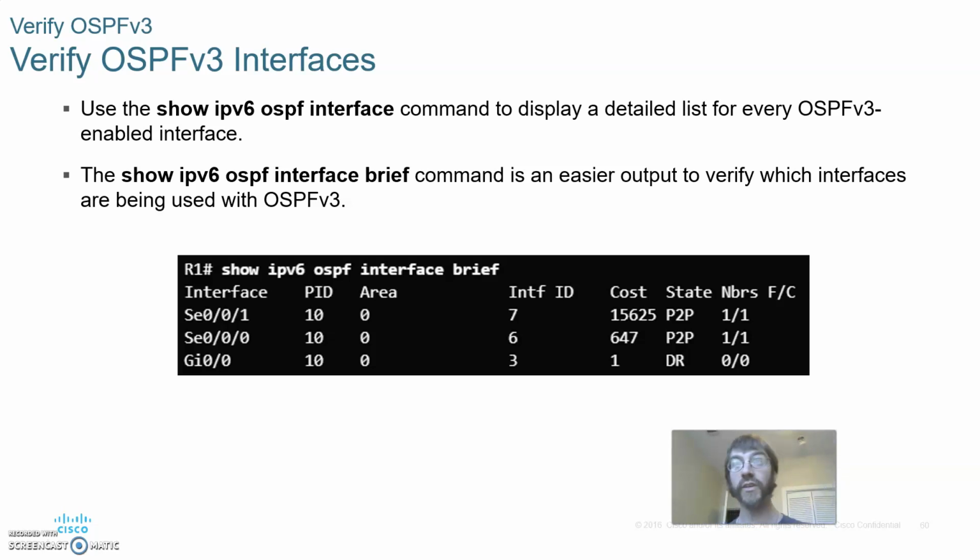The best way to do this is show IPv6 OSPF interface, and then the specification of that interface. If you do this command all by itself, show IPv6 OSPF interface, it'll give you the full readout on all of the interfaces which are using OSPFv3.